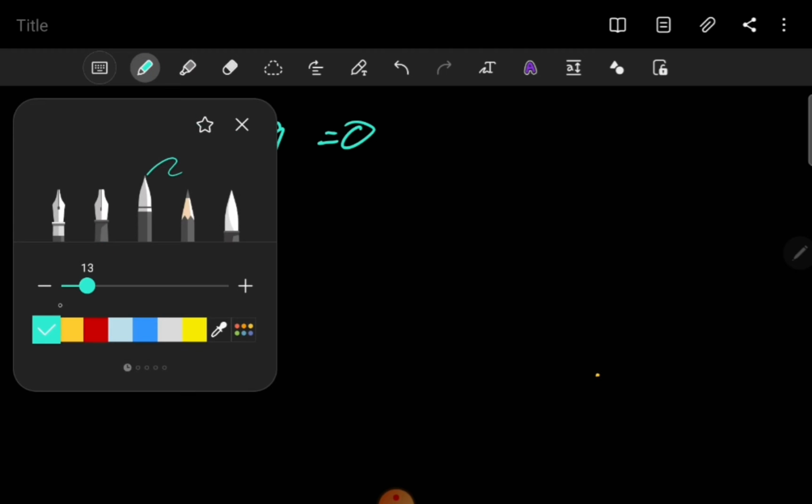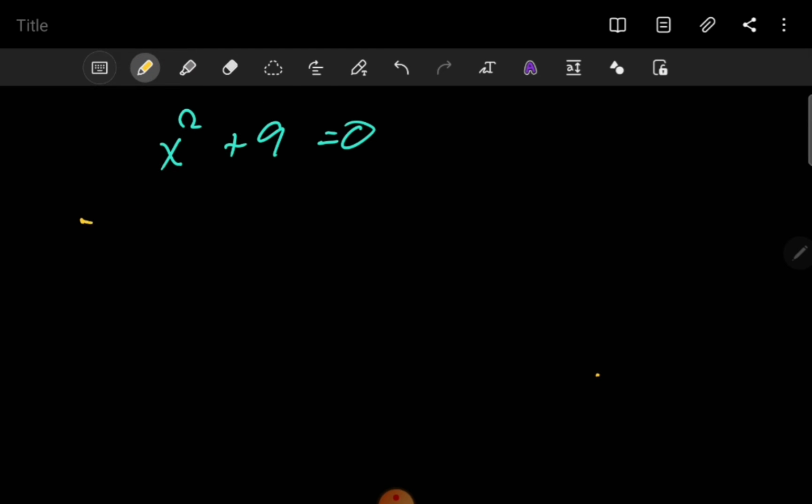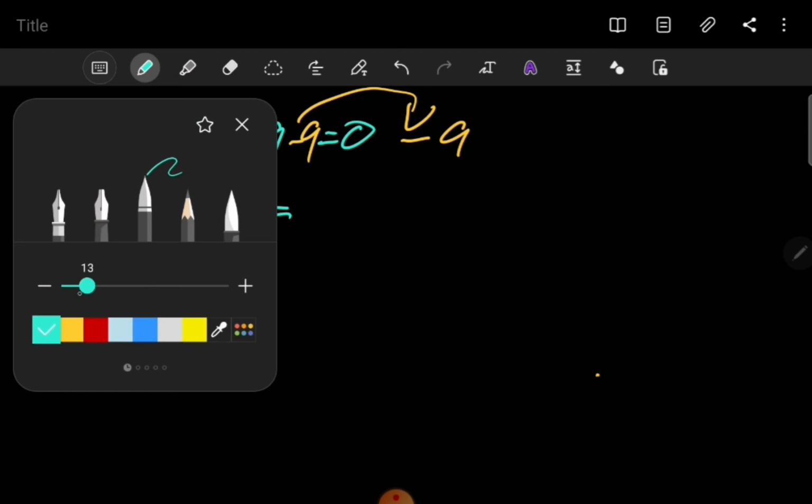So let's say x squared plus 9 is equal to 0. Obviously the first thing you need to do is to transpose 9, or to subtract 9 on both sides. That's the trick there, and we have x squared equals -9.